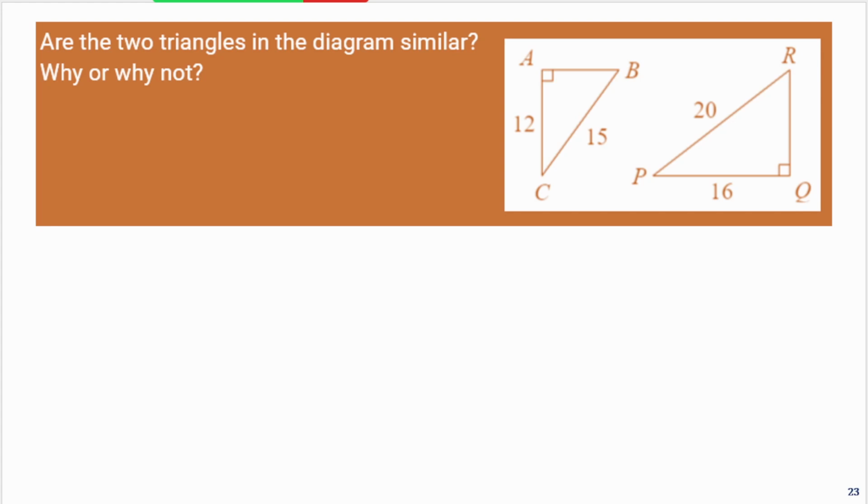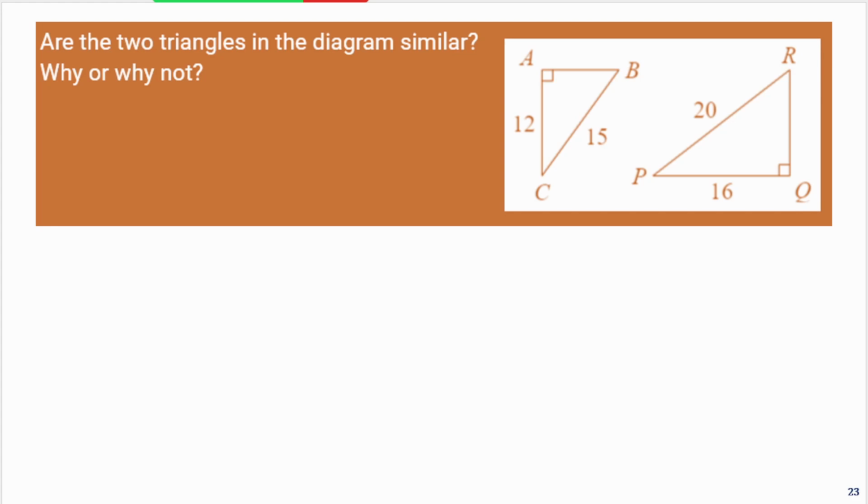So here it looks like we can use SAS similarity, right? But SAS similarity requires the angle to be between the two sides that have the constant ratios. So we can't use SAS similarity like this.